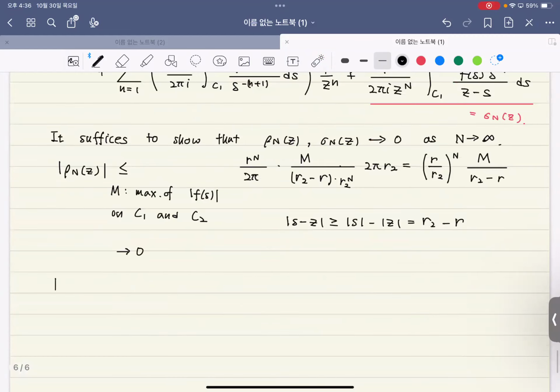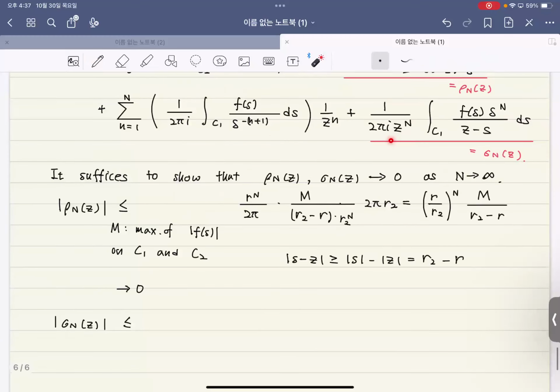What about sigma_n of z? The same trick is also true. So this is this guy here, but what I have here is 2 pi times |z|. So this is R^n, and by the ML inequality, this is the maximum modulus of f(s).